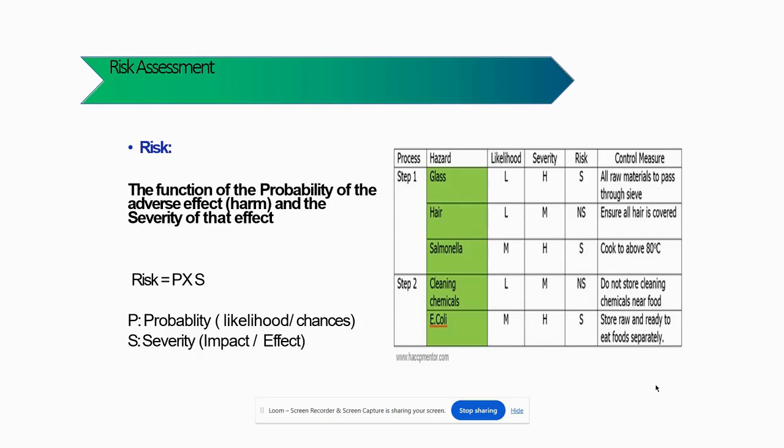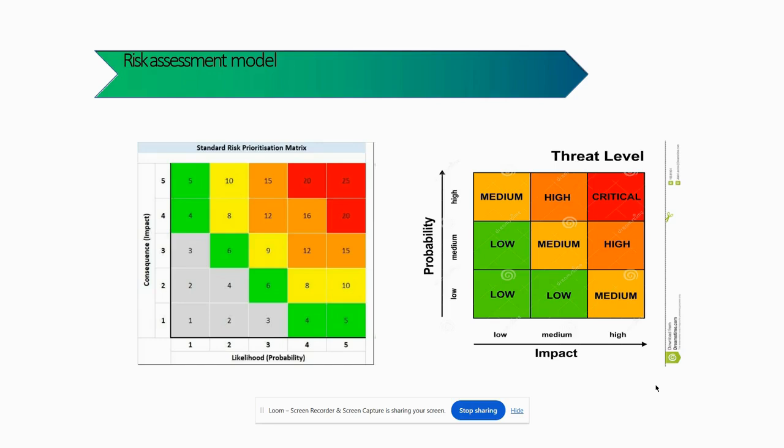So the risk assessment model will be a 5x5 matrix. Here the 5 metrics will be likelihood, that is probability, from 1 to 5, whereas the consequences, that is the impact which it creates, also 1 to 5. Depending upon the hazard which we have identified pertaining to the steps, we need to give the score, and we need to find out whether the risk is low, medium or high with respect to the threat level, that is the impact it is creating.